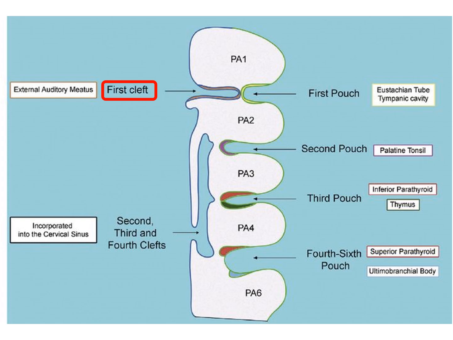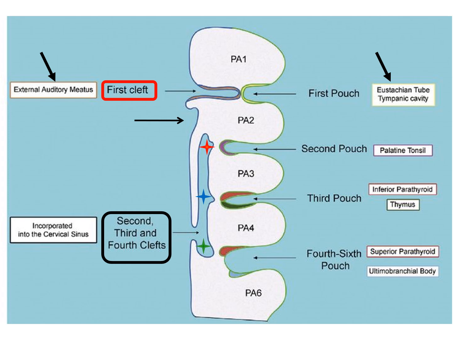This is the first cleft on the outside, which is going to develop into the external auditory meatus, and this is the first pouch on the inside of the mouth, which is going to develop into the Eustachian tube, and these are the clefts below the first. This is the second, third, and the fourth.